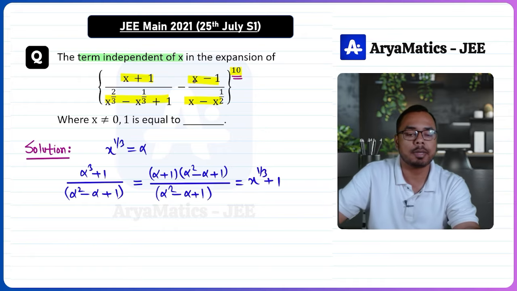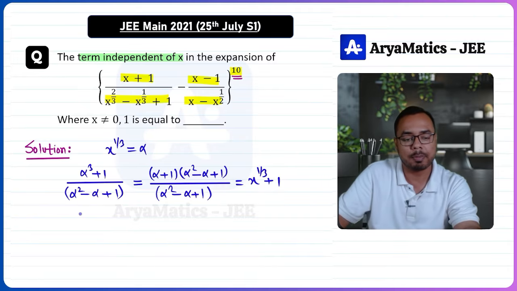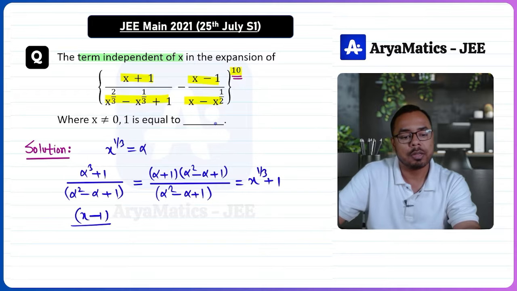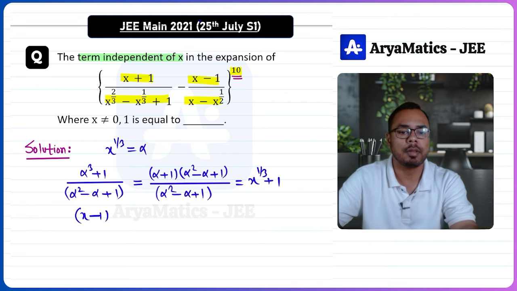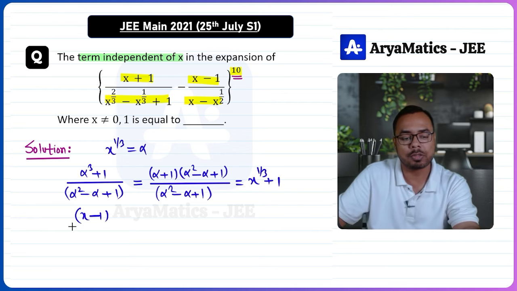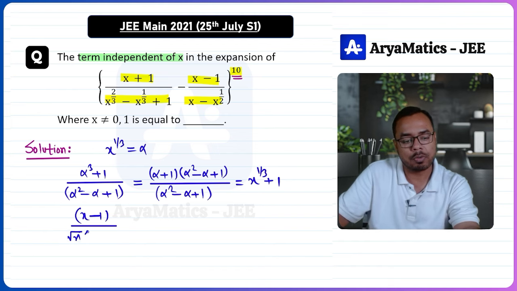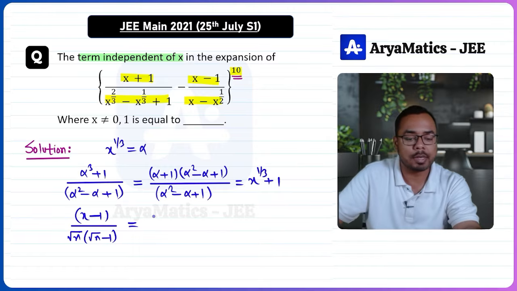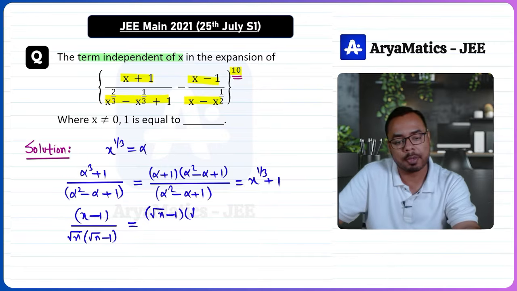Similarly, the second term is (x minus 1) by this thing in the denominator. So if I have to simplify that one, then you can take root x common in the denominator, right? In the denominator we have x minus root x. So if I take root x common, then you will get root x minus 1. And now this x in the numerator, you can write as (root x minus 1) multiplied by (root x plus 1).